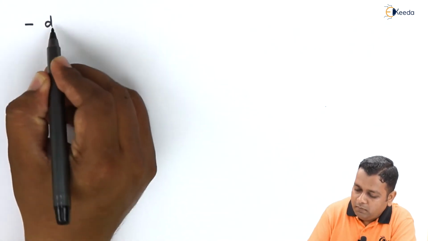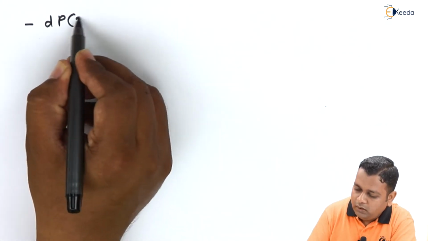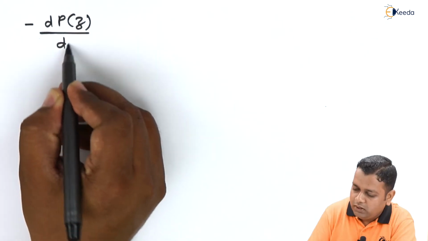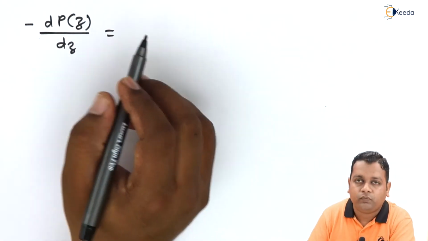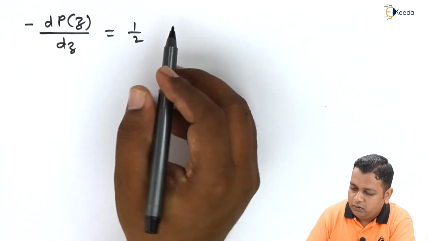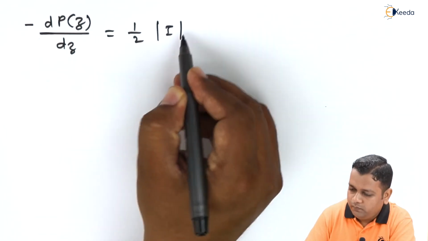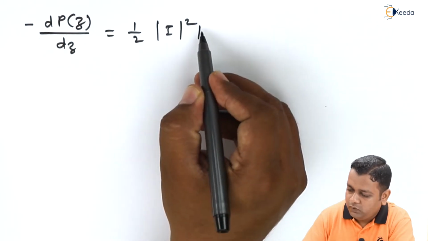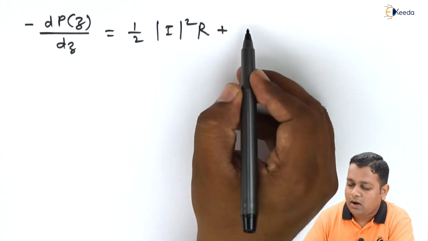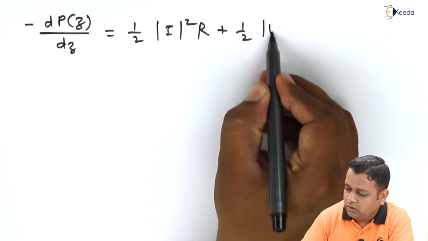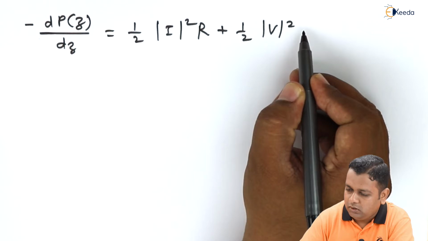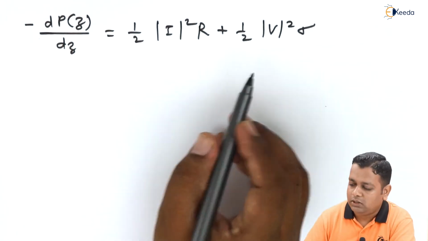So finally we can express minus dP of z divided by dz is equal to 1 by 2 mod I square into capital R, added to 1 by 2 times mod V square into sigma, the conductivity value.